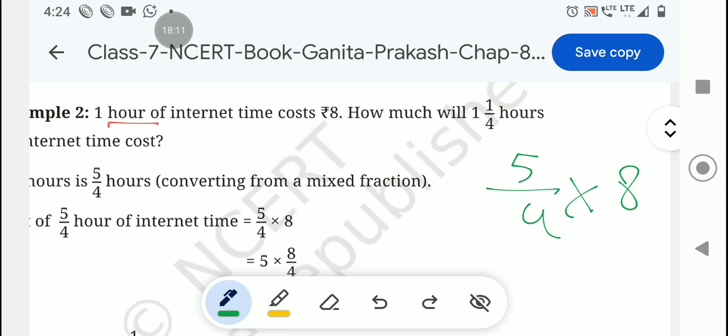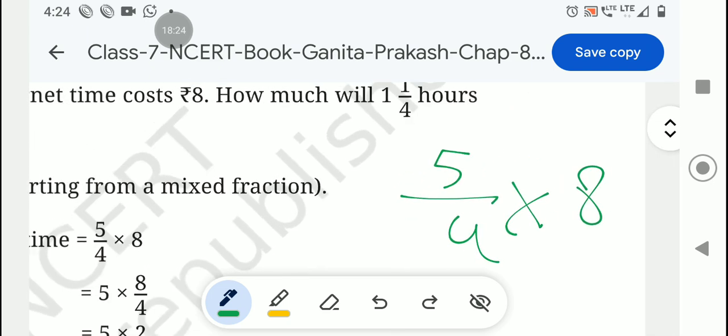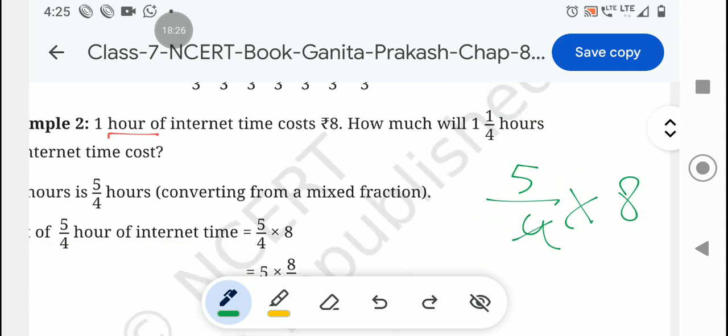So before doing that, if we get any simplification, you have to do simplification. In 4 table it goes: 4 ones are 4, 4 twos are 8.